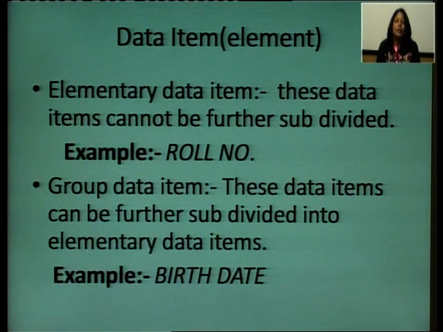So group data items are those data items that can be further subdivided into elementary data items, like your birth date. Is it clear?